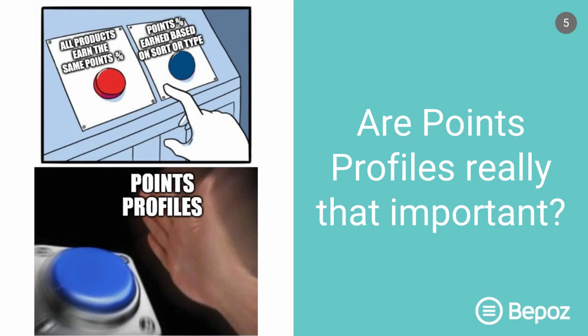So maybe a till in a VIP area that earns double points on products that belong to a particular product type, but also by assigning points profiles to an account group or directly to an account, we can override a till's points profile setting if we want an account to always use the same points profile as their base level of earning and redeeming points.